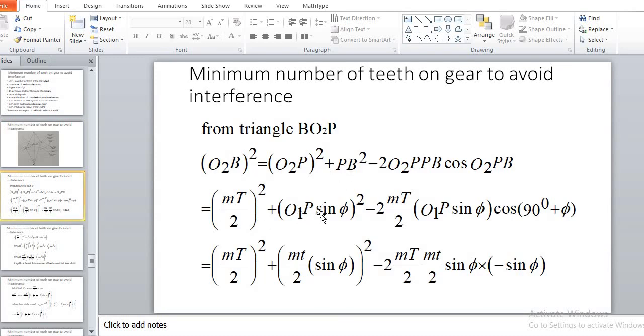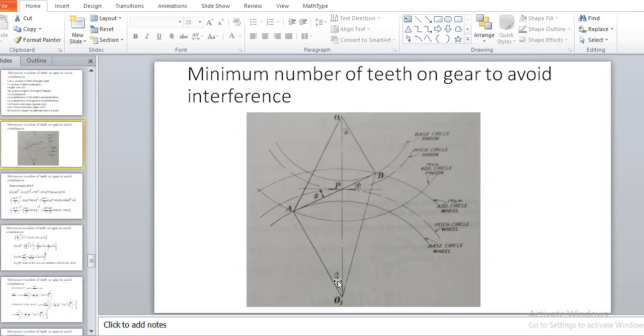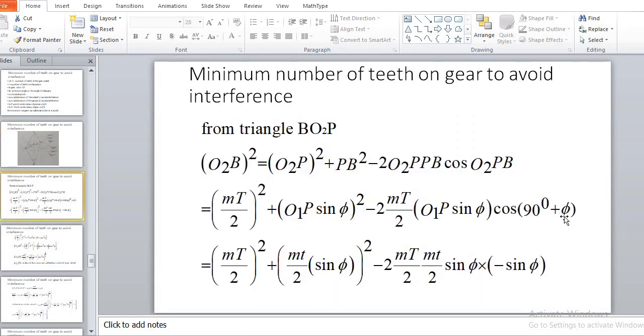So PB is O1P sin phi, minus 2 times O2P, again mt by 2, times PB, again O1P sin phi, times cos of O2PB. In this triangle, O2PB is 90 degrees plus phi, so cos of 90 plus phi.